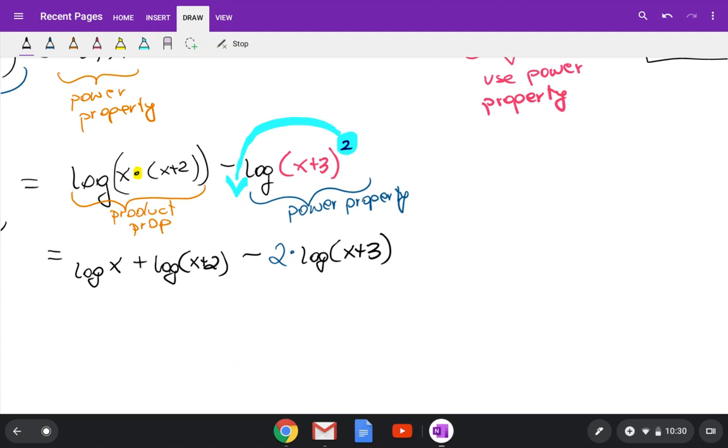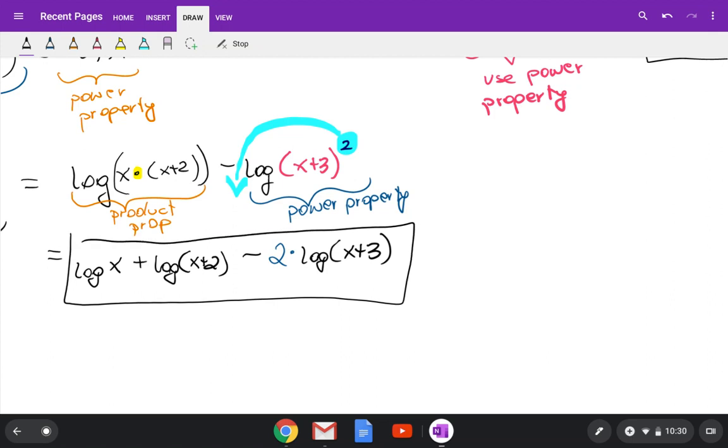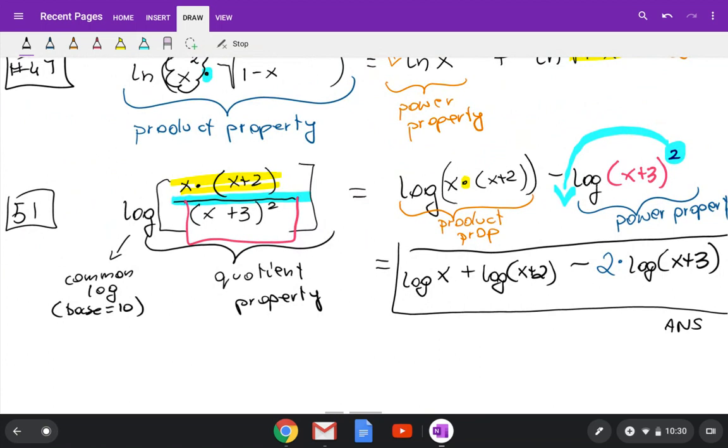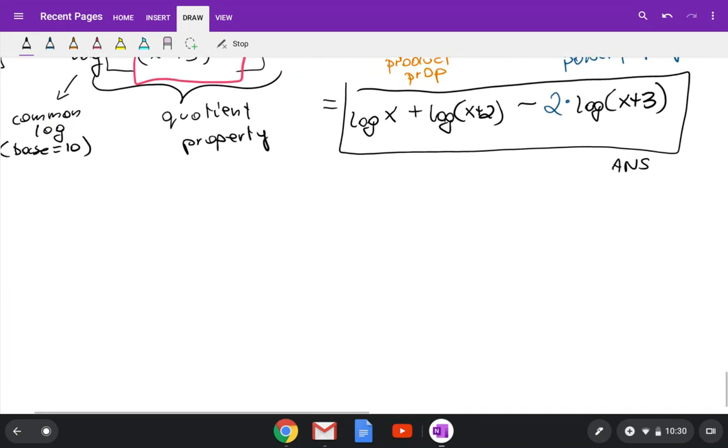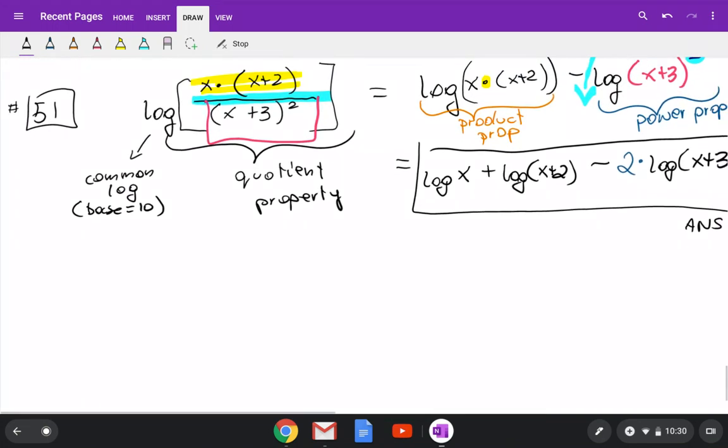And that's it. We expanded. This is our final solution. This is your answer. Expanding means you had something written under one log and you're expanding. And right now our final answer has 3 different logs.